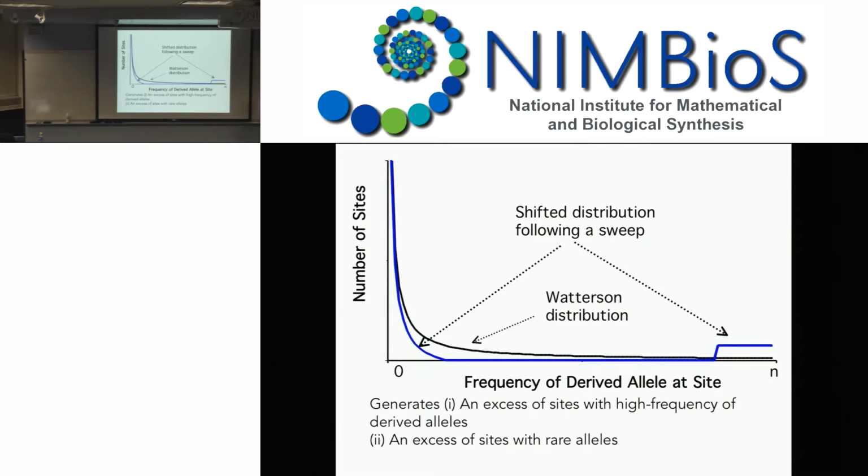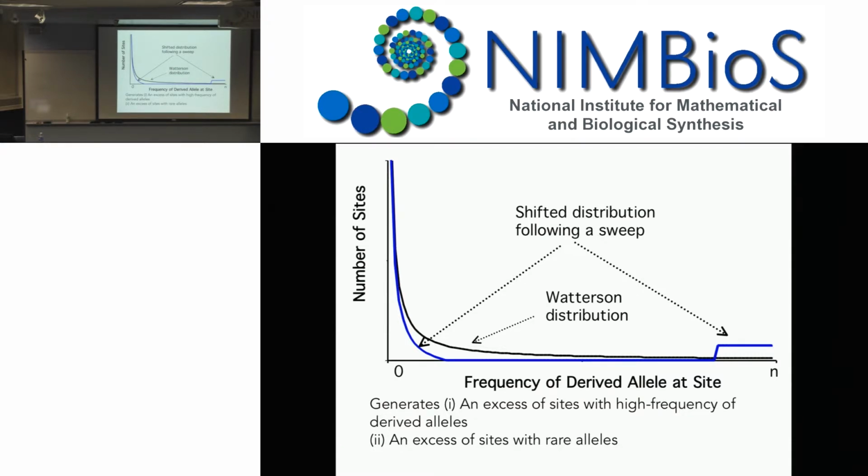You do expect it under surfing potentially. So if you have the unfolded spectrum, an excess of low frequency and high frequency derived. If you have the folded spectrum, these get folded into here, and you see an excess of minor allele frequencies. But this is a big signal. That's an unusual signal that most demographies won't give. So an excess of high frequency alleles is a good signal for a sweep.